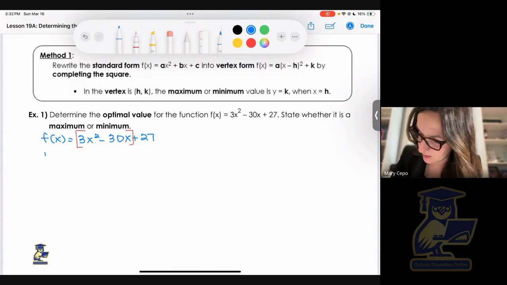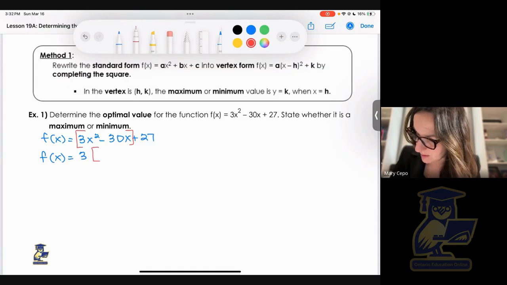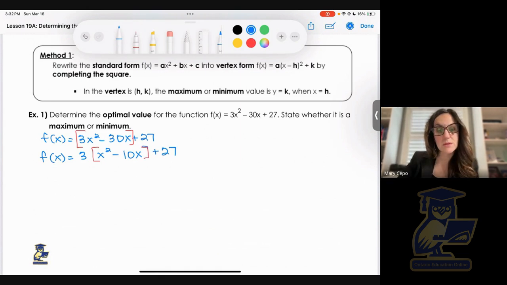So in this case, we see that there is that 3. So if we factor out that 3, we are left with x² − 10x. Sometimes we're tempted to factor a common factor from all terms, but not when you're completing the square.